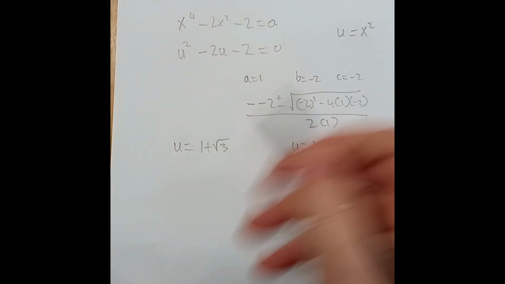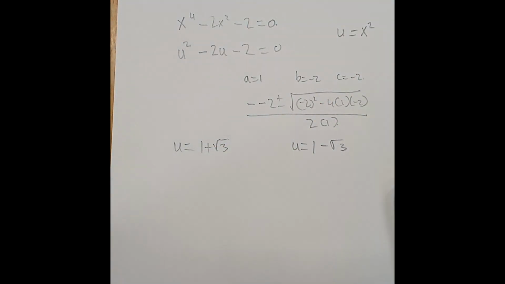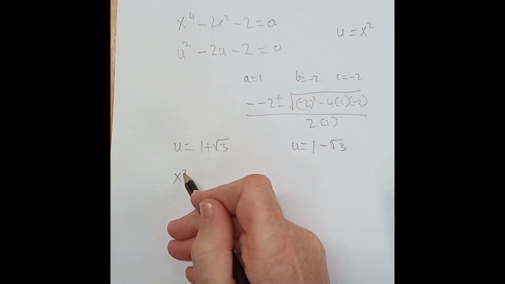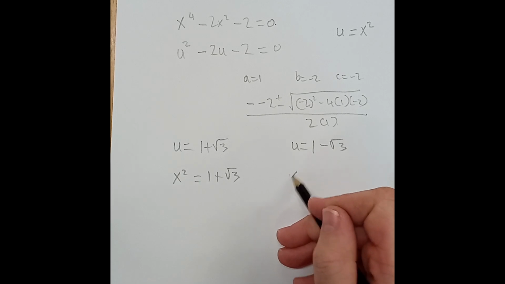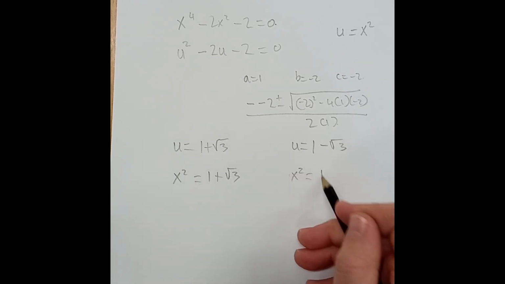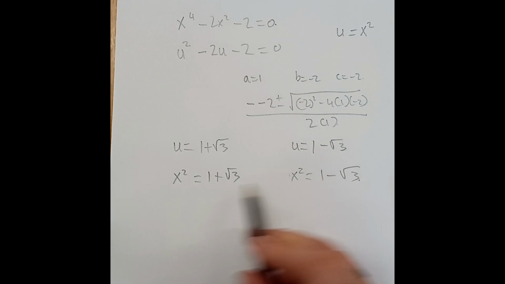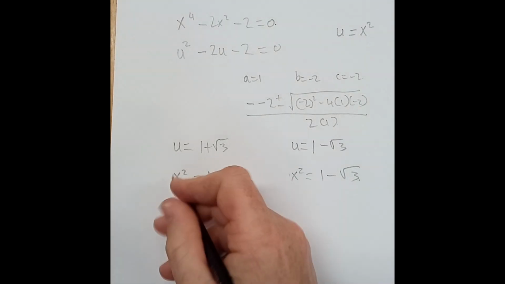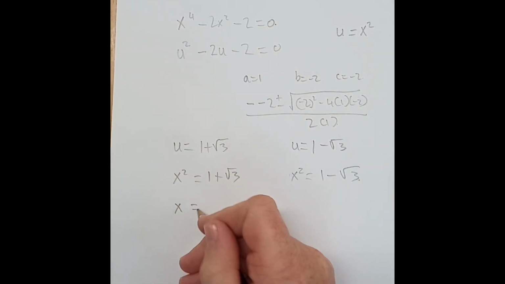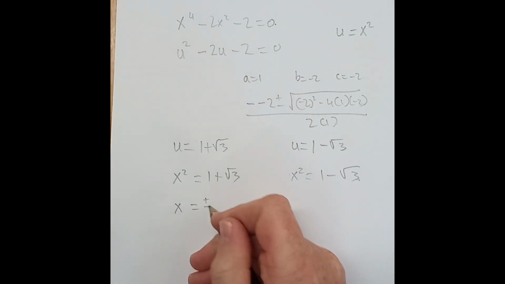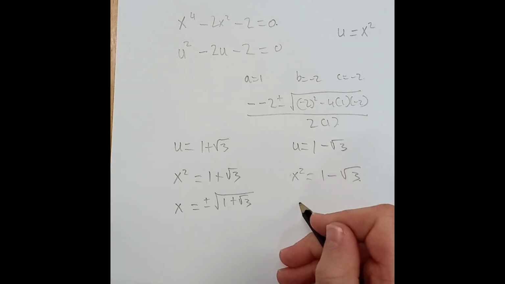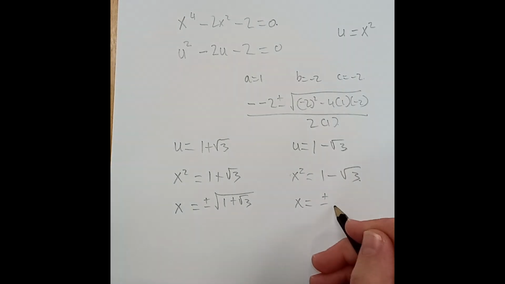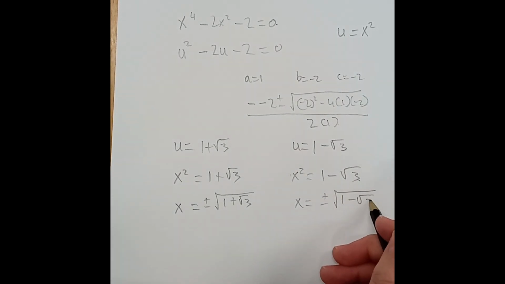But it's not really u, u is really x squared. So in order to solve this, we just need to get the root of both sides. The root of x squared is just x, and the root of this is going to be plus or minus the square root of 1 plus root 3, and same thing here, plus or minus the square root of 1 minus root 3.